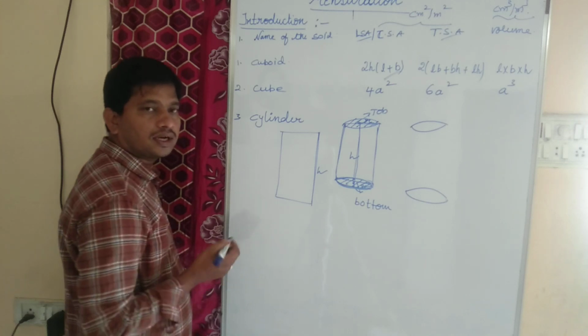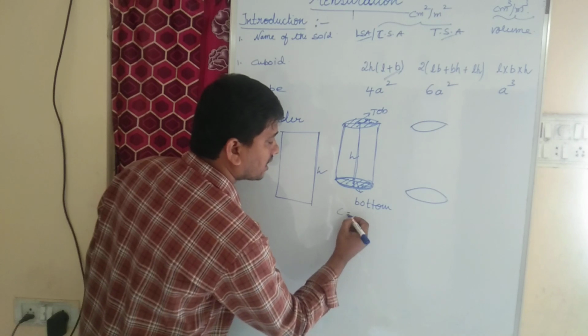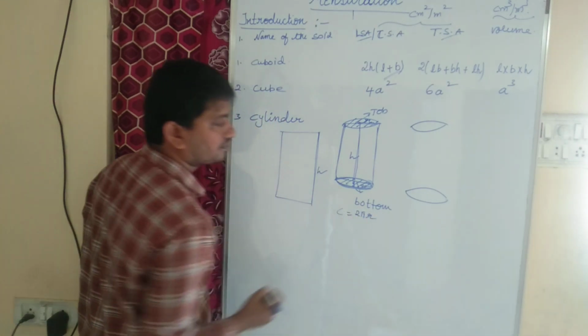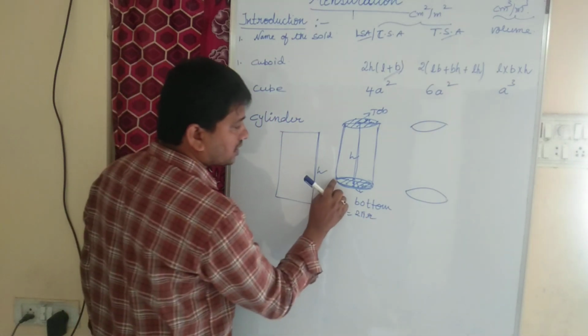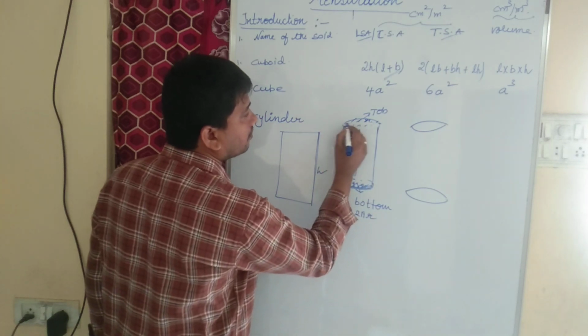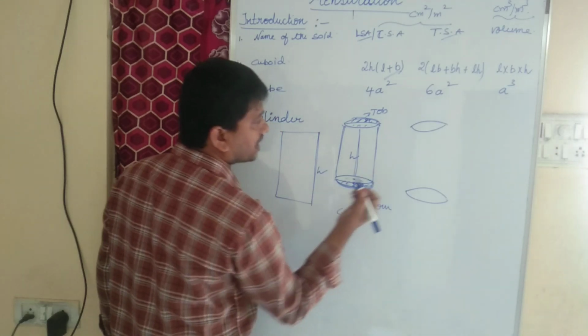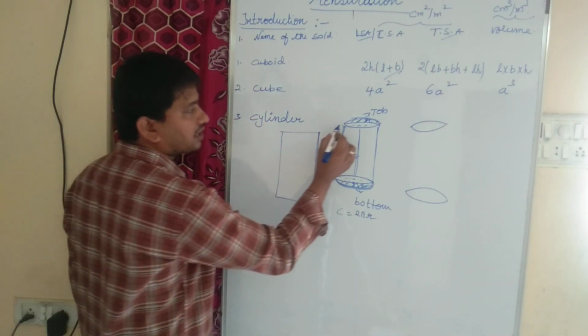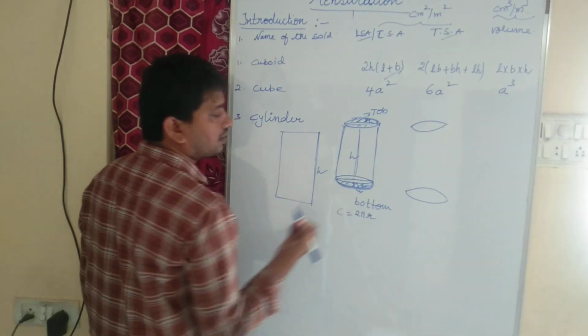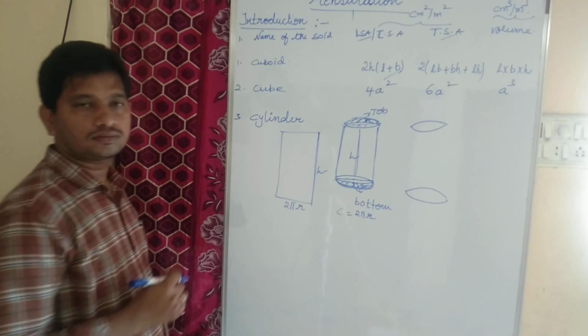So what is the circumference of a circle? We know that circumference of a circle, C, equals 2 pi r, right? So this half and this half will become one circle. So this is our 2 pi r.